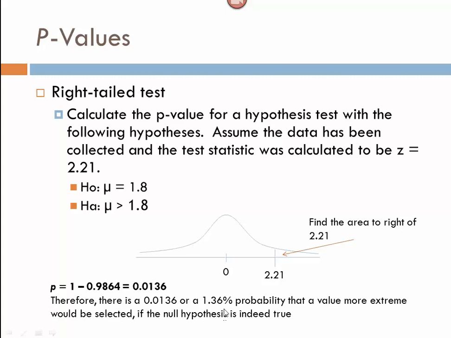There's about a 1% chance that that could happen. This again provides evidence against the null being true. In fact, the lower the probability, the more evidence we have that the null is lying when it says that the mean or the proportion is in this area.